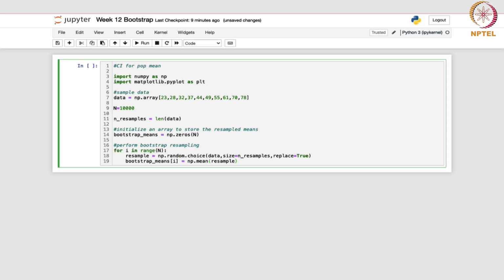It will calculate the mean of the resampled data that we have obtained here, and it will be stored in this array. Initially this is initialized as zeros, and now it is getting updated every time a bootstrap mean is calculated.